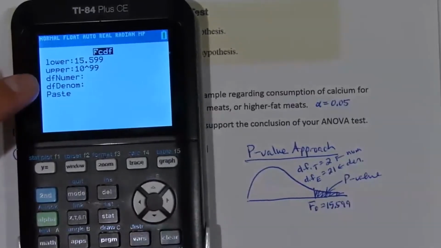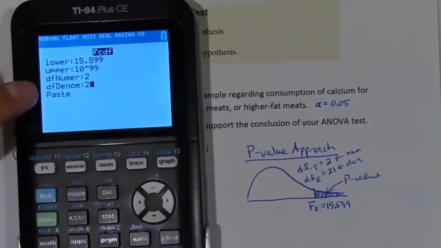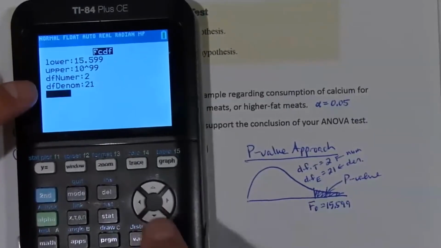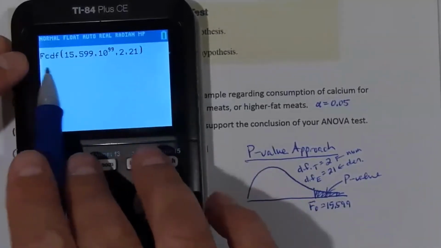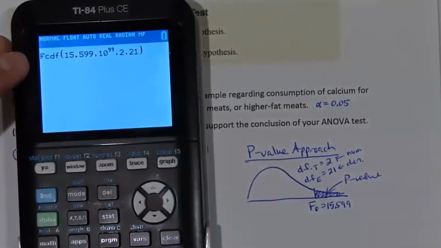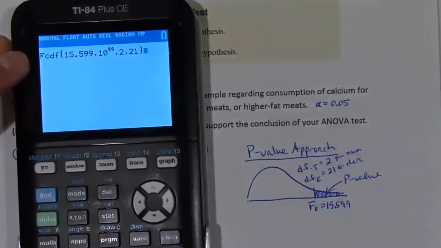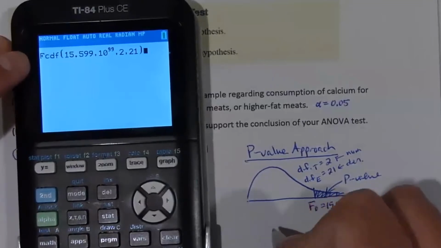Again, that works like the normal CDF, the TCDF, the chi-square CDF commands that we've used before. The degrees of freedom in the numerator is 2. The degrees of freedom in the denominator is 21, and I'm going to paste that. Now, when I paste that, I get this command on my calculator. And if you have an older calculator, when you go to the FCDF command, you have to type it in.